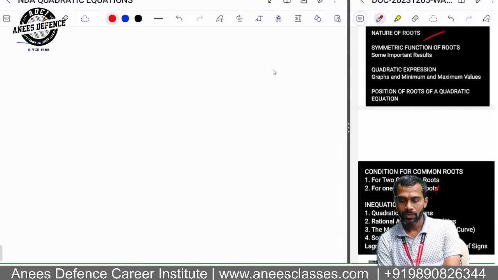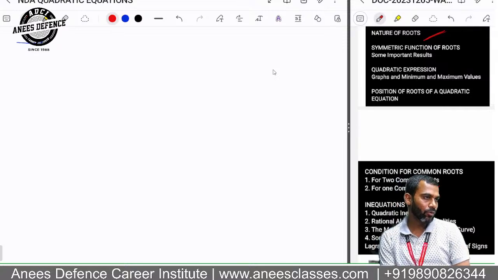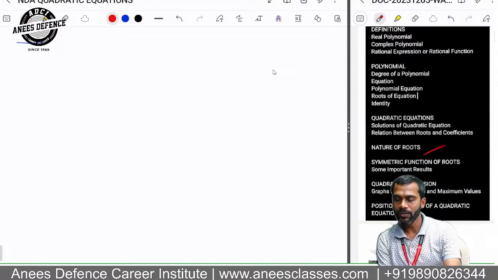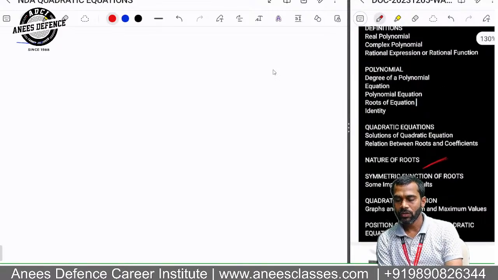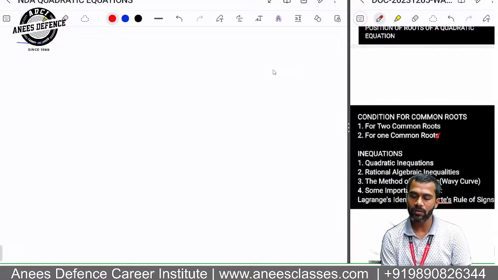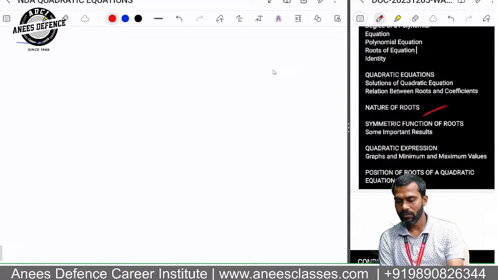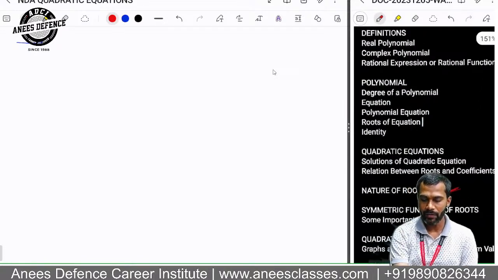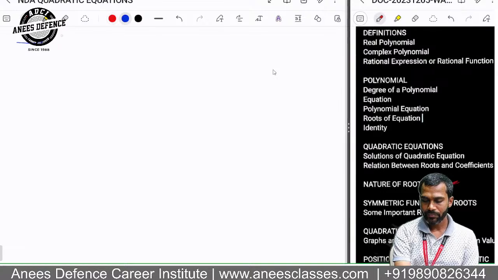Okay. So we'll see one by one whatever topics are left. We need to cover them first. Yes or no? So just give the heading. I hope everyone has noted it down, or you can take a screenshot of it. And now we'll start with rational expression or rational function. So give the heading: rational expression.